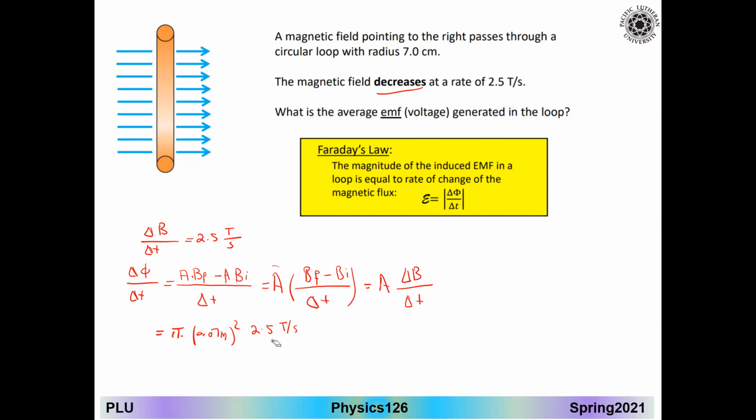The calculation ends up with 3.8 times 10 to the minus 3, and the unit will be volt. It's a very small value. So what I did was just play with my equation to rewrite my EMF as a function of the change in magnetic field.